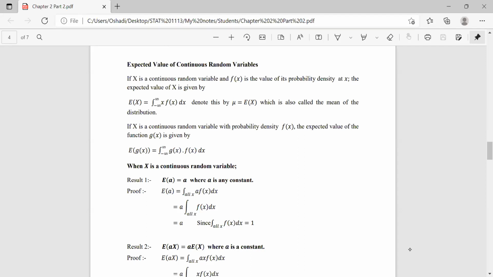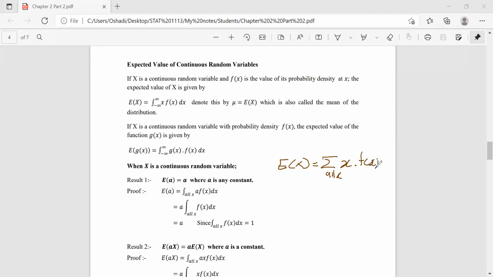Right? So in the discrete case, we wrote the expected value, right? In discrete case, expected value of x was equals to summation of all x into fx.